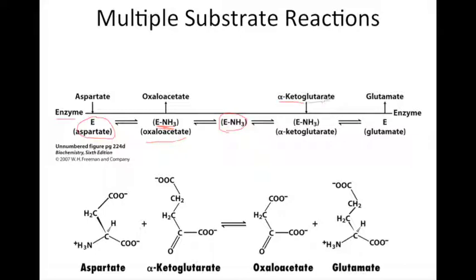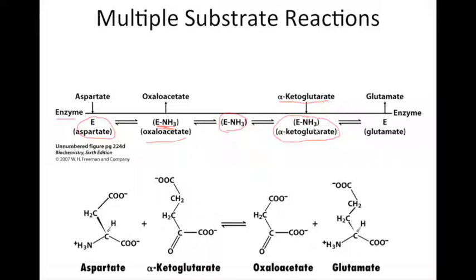So the enzyme holds on to that amino group after it releases the oxaloacetate. Then alpha-ketoglutarate comes in and binds to an active site nearby. The modified enzyme binds to alpha-ketoglutarate to form this complex. Then the enzyme transfers the amino group to alpha-ketoglutarate.